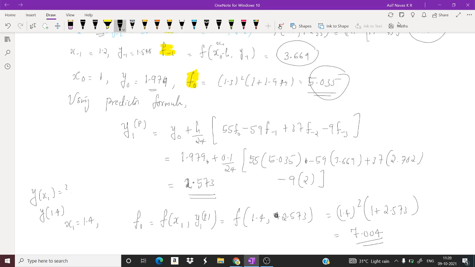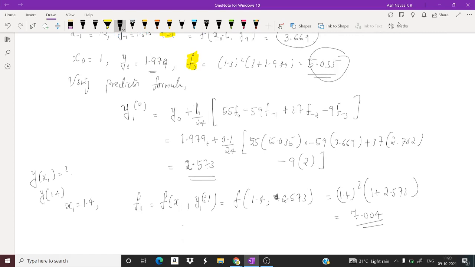Now we can find y1 by using the corrector formula.